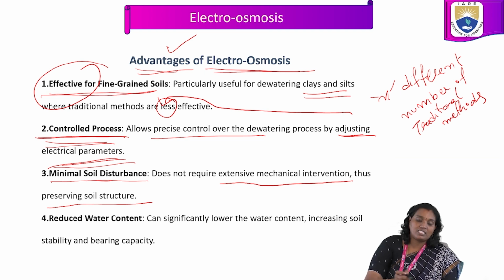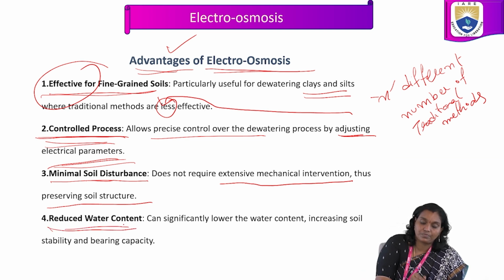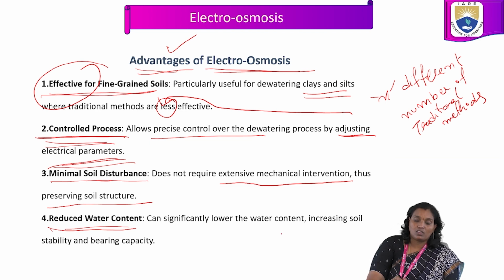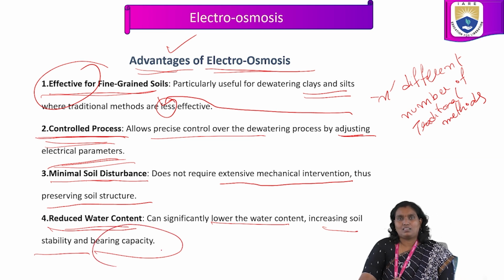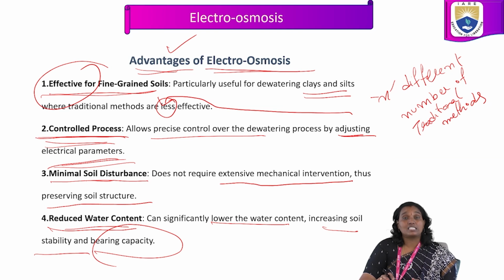And the next one is reduced water content. Significantly lower water content increases the soil stability as well as the bearing capacity. The bearing capacity of the soil is very important from the structural design point of view.